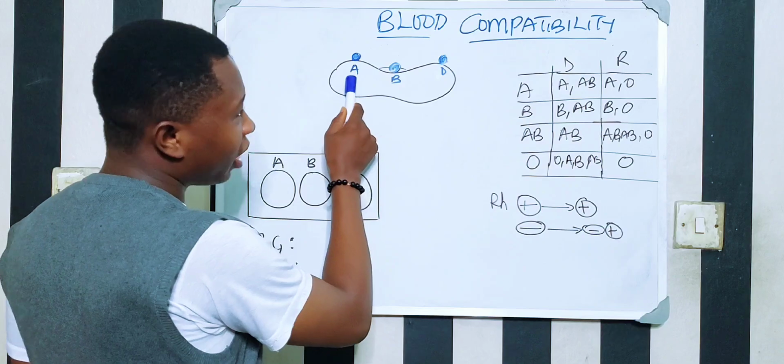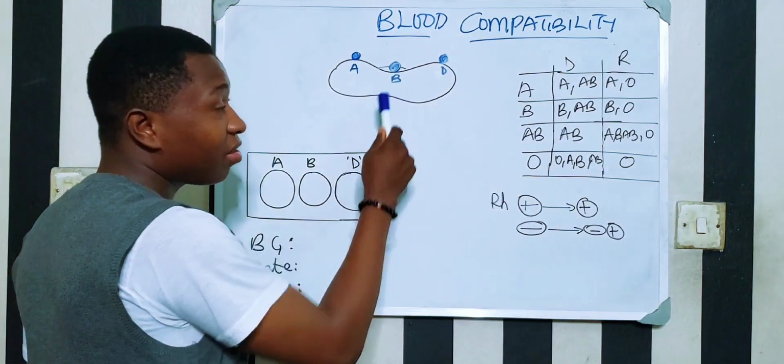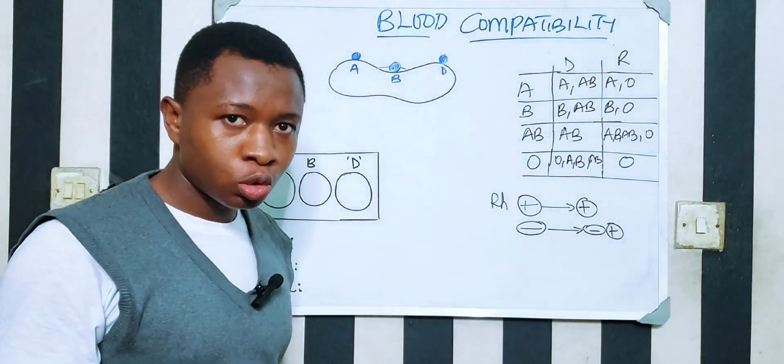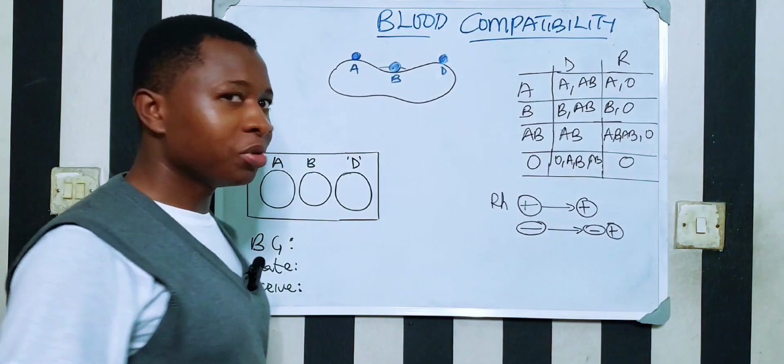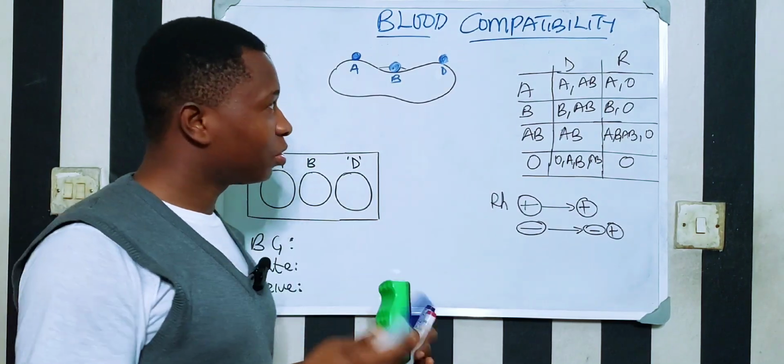If you do not have A and B, that means you are blood group O. So there's nothing here, so blood group O.